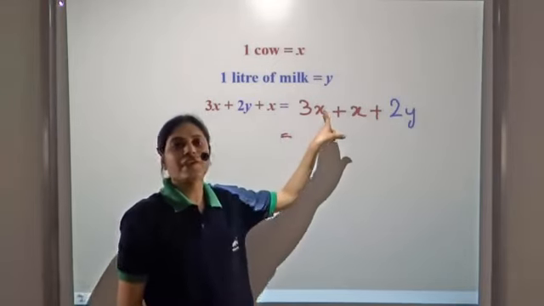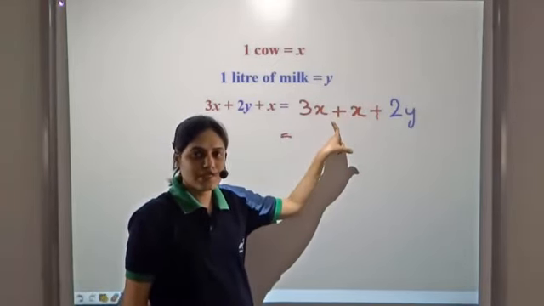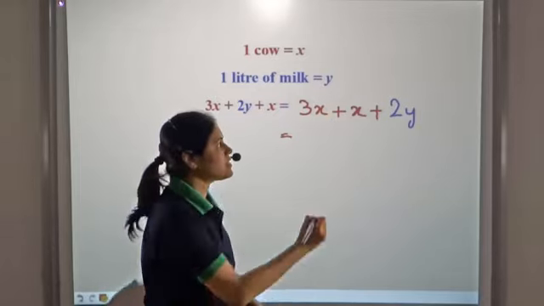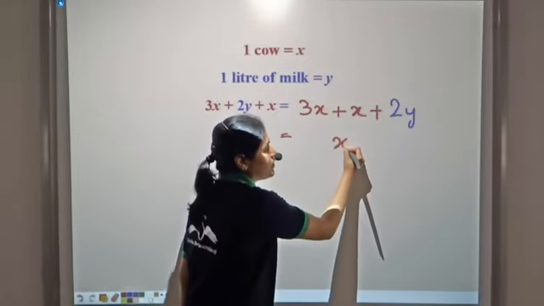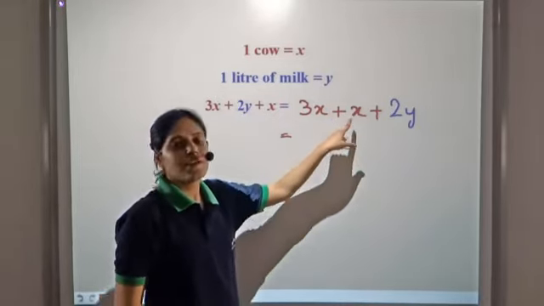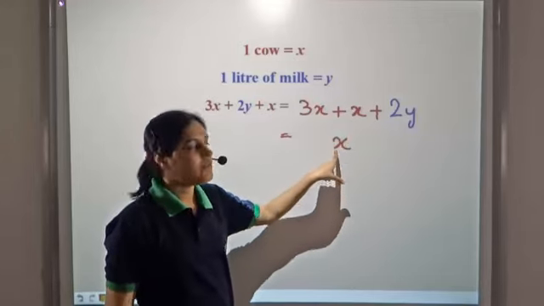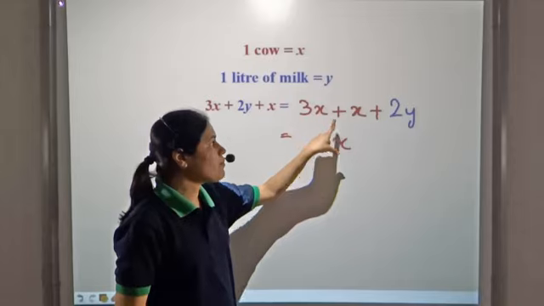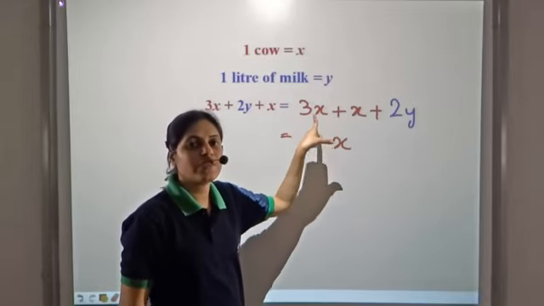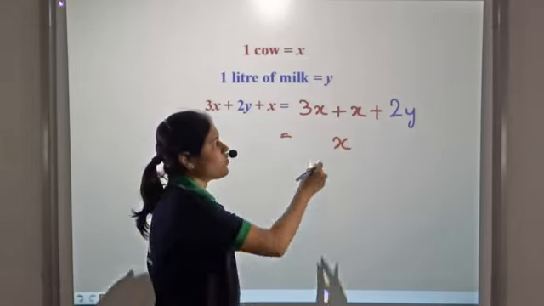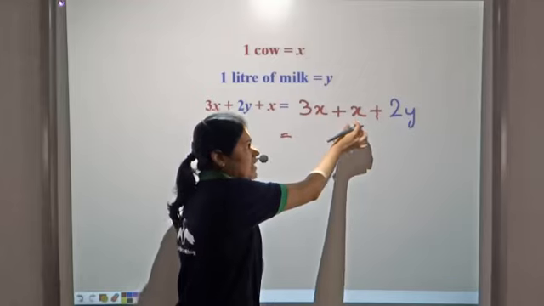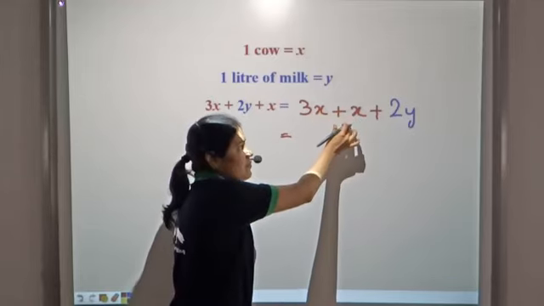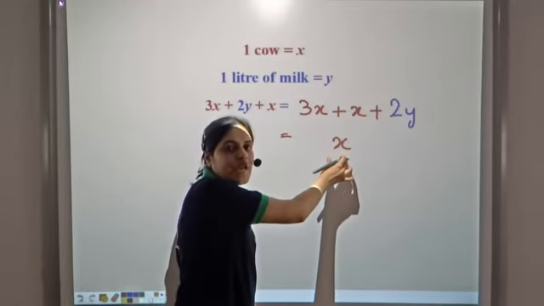When we add two like terms, their sum is a like term with coefficient equal to the sum of the coefficients of individual terms. So when we have 3x and x and we add them, we get a term containing x.